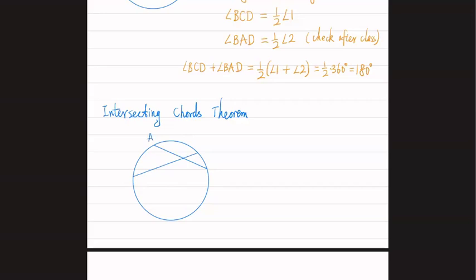I label these A and B, C and D. Give an intersection point E. Then the intersecting chords theorem states that the product of these two segments is equal to the product of these two segments.